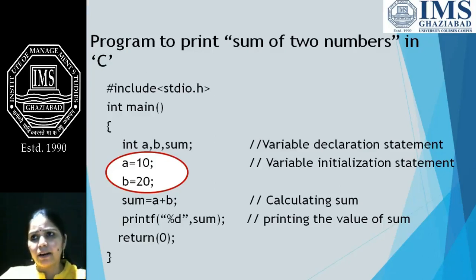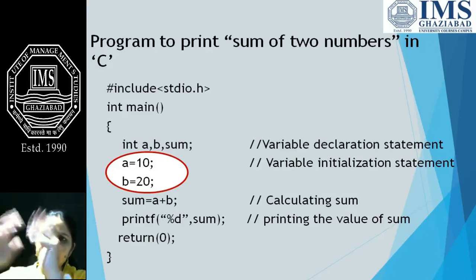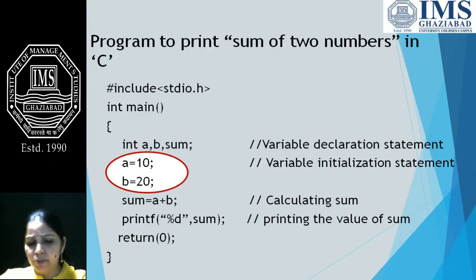Say at one point of time I want to give the value of a as 100 and b as 50, or at another time I want to give the value of a as 70 and b as 90.